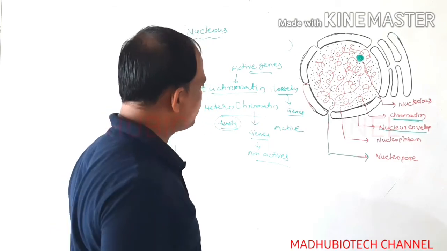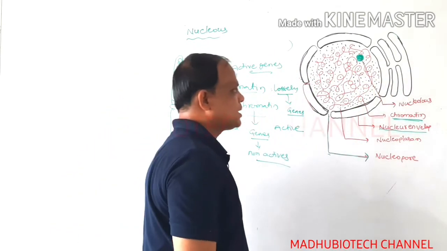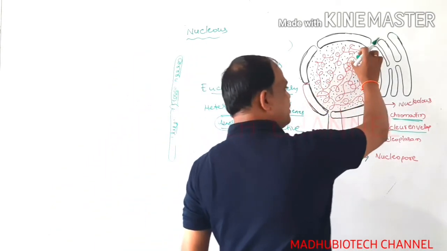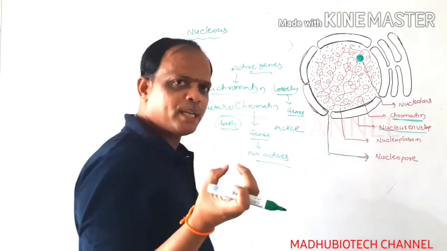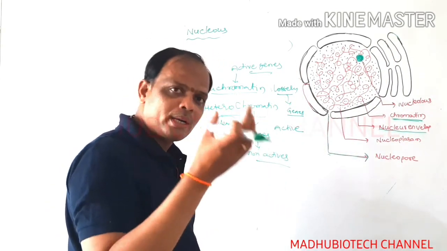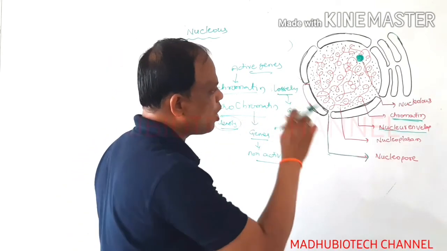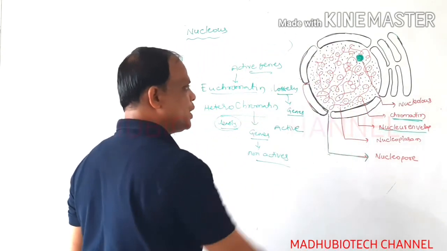Then the next one is the nucleolus. In the nucleus, toward the peripheral end, one specific ball or ring-like structure is present, spherical or oval in shape. That is the nucleolus.